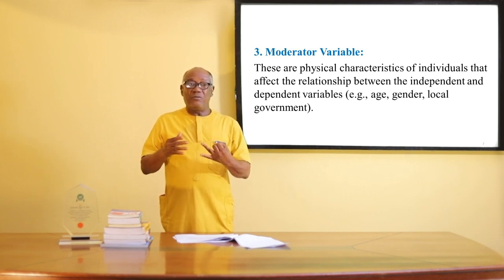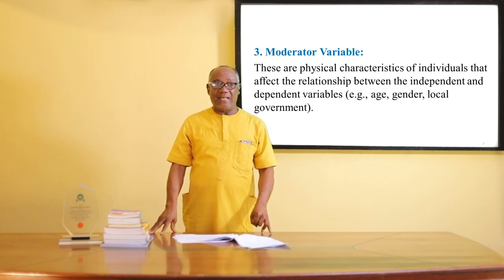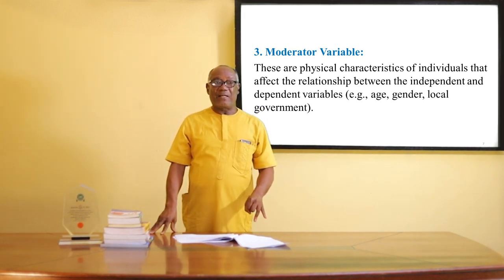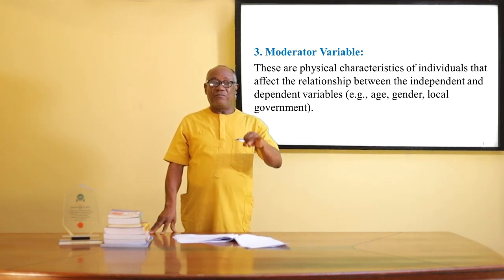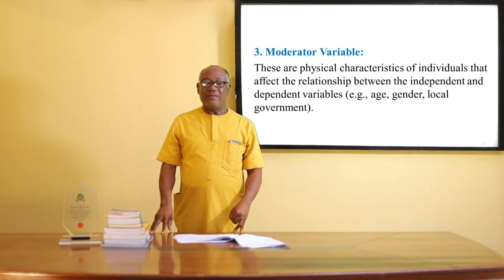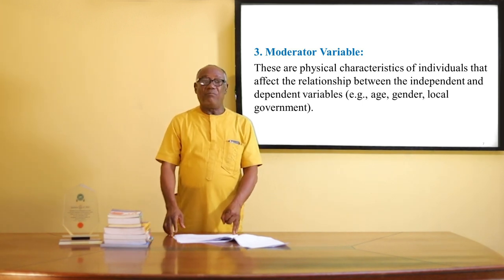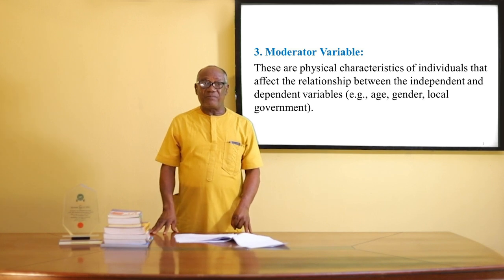It can also be due to his sitting position. Now, all this you can see with your eyes among the learners. For example, you can see a learner who is very tall and another who is not as tall as the other. This kind of variable is called moderator variables.